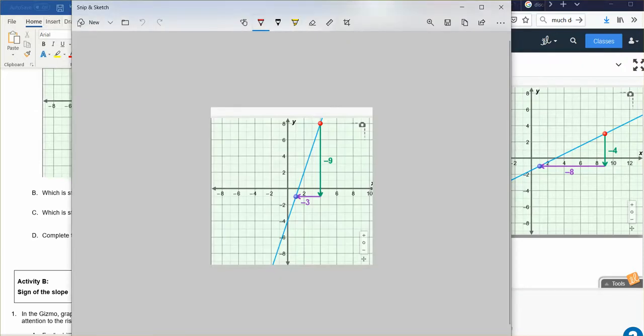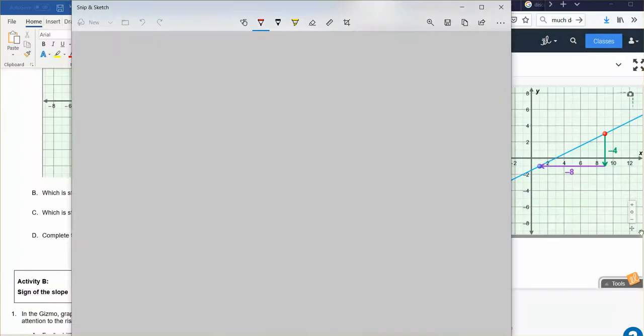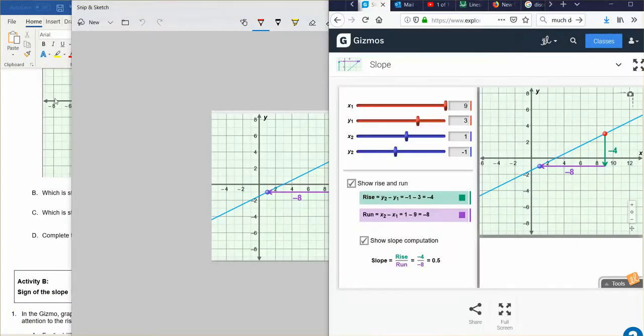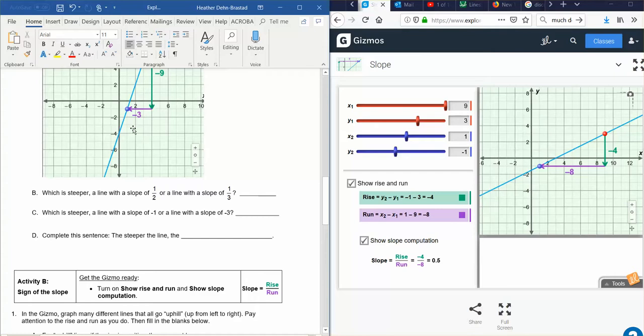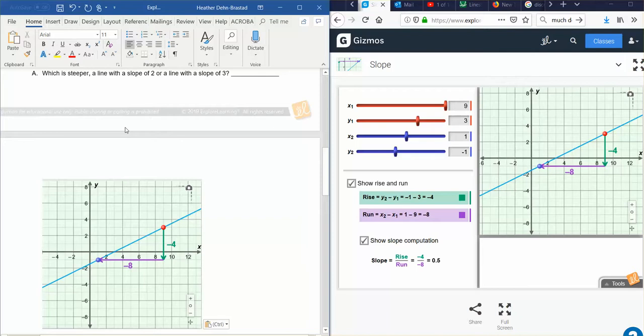I'm going to take a picture of this again so I can look at them at the same time. Copy. And I will get rid of that one. That's my slope of 1/2. Now let's change this one over here to 1/3.